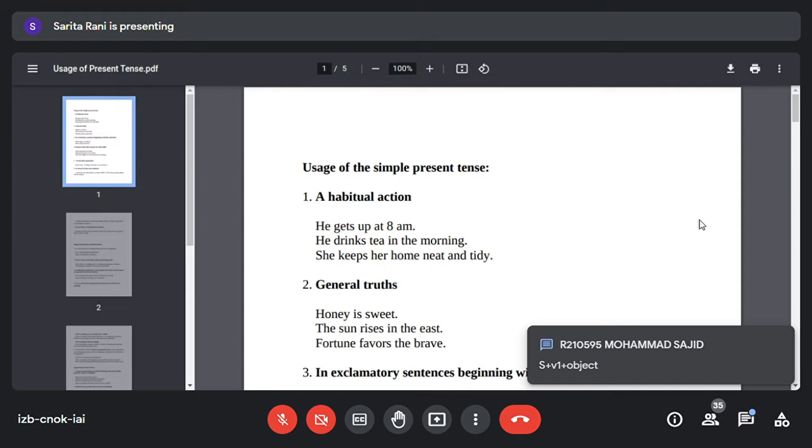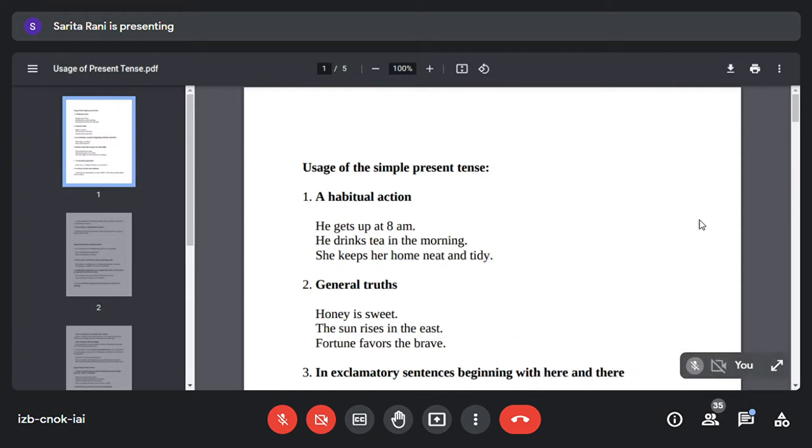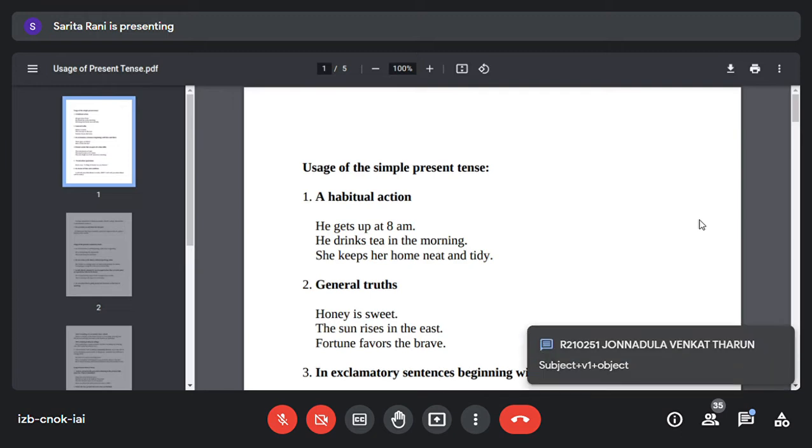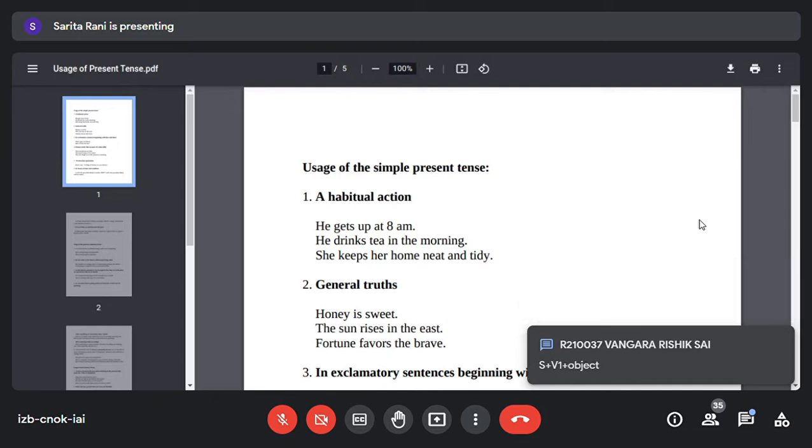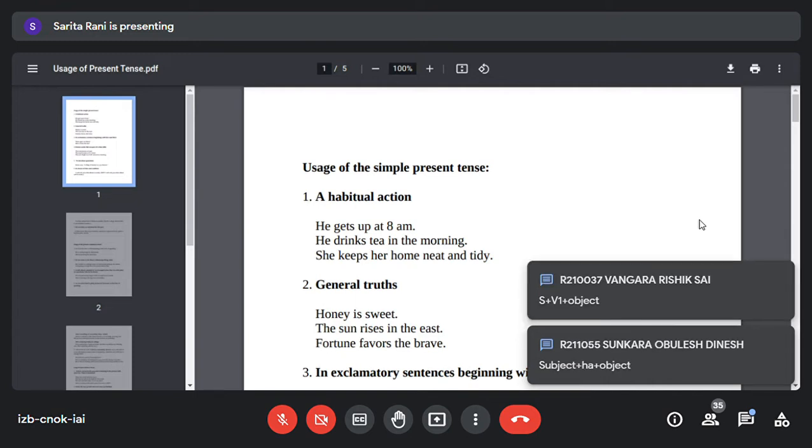Very good. Now, what is the structure of the simple present tense? Come on everybody, try writing. I know that it is not possible on mobile, but in case you are using a laptop, you can write it.